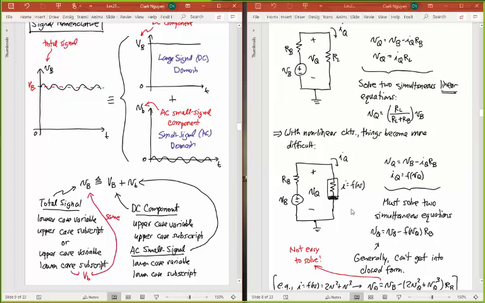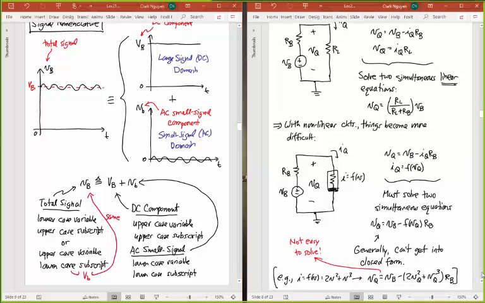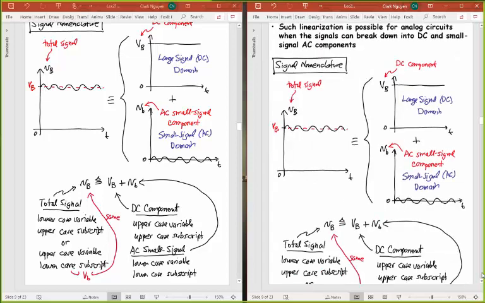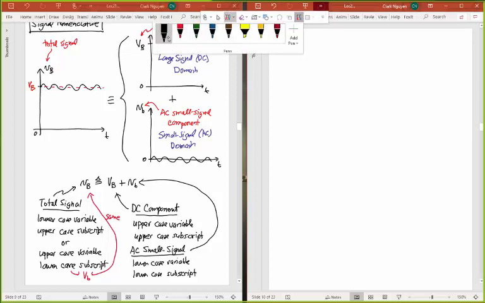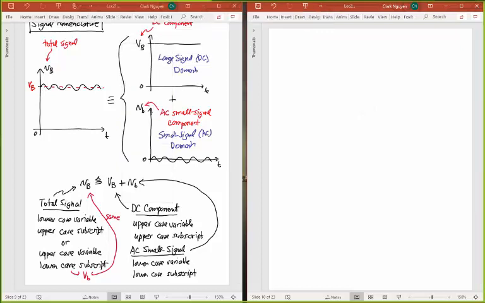Okay, and so now let's proceed to at least start our nonlinear problem. Armed with this notation, let's start attacking our nonlinear problem. Using this notation, I can now take the circuit that we just looked at and break it down into those components.